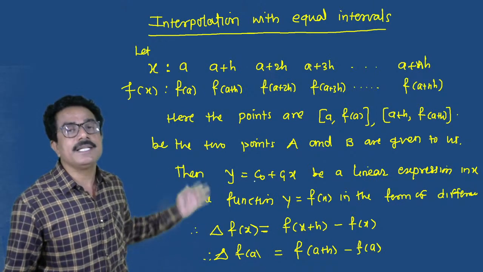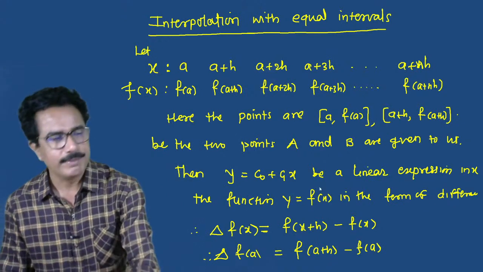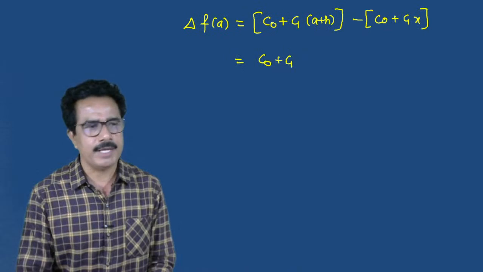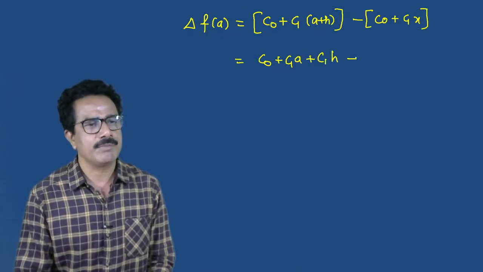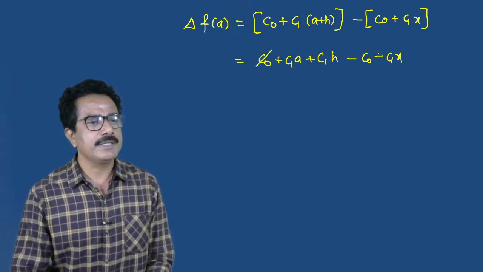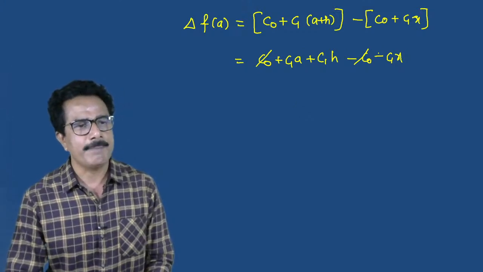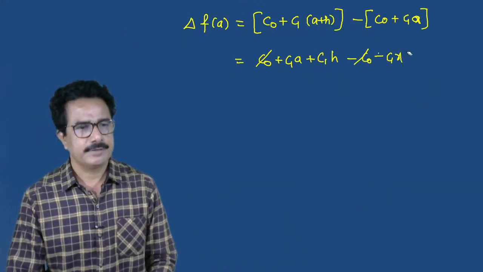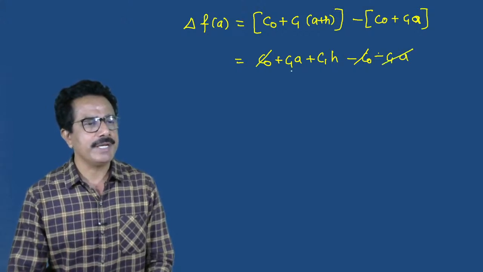Now solve this: C0 plus C1a plus C1h minus C0 minus C1a. C0 gets cancelled and C1a gets cancelled.